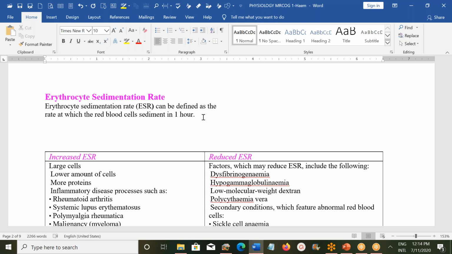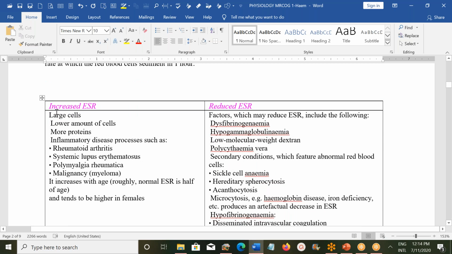So this is ESR. This is a measure of the acute phase response. ESR can be raised or it can be reduced. Increased ESR, what you will see when the large cells are present, and then the lower amount of cells is there, then more proteins, like the inflammatory disease processes such as rheumatoid arthritis, systemic lupus erythematosus, polymyalgia rheumatica, then in malignancies.